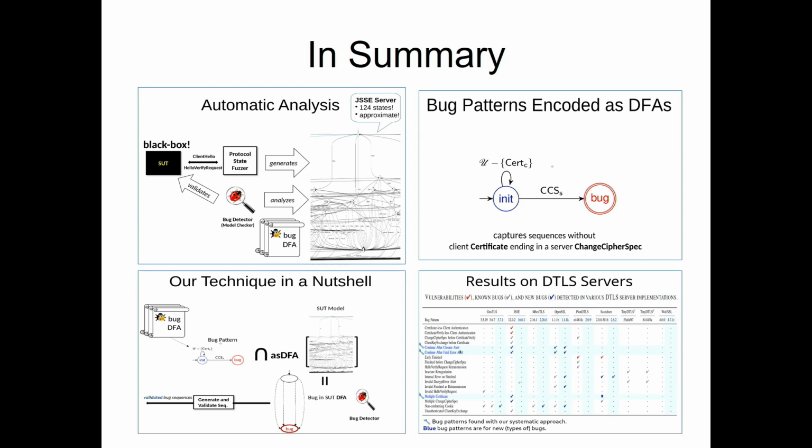Our technique basically does an intersection between the bug patterns and the model of the system, which it has converted to a deterministic finite automaton. If this is non-empty, we have found a possible bug. We need to validate it on the system under test. If we validate it, we have found a bug, and we can add one more tick in the table and notify the developers. Thanks for your attention.